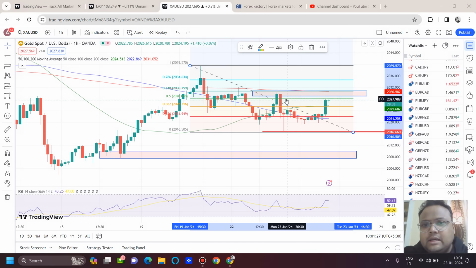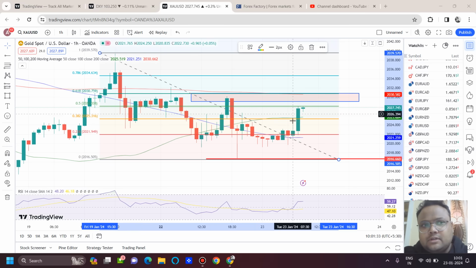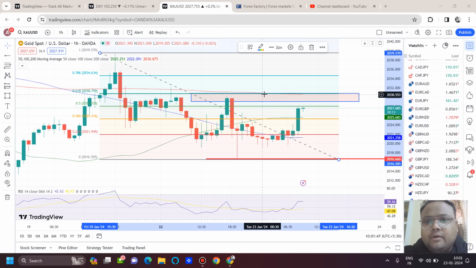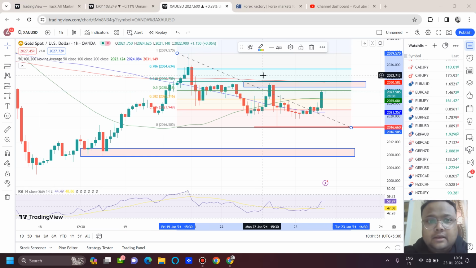You can already see the market is standing at the Fibo 50% retracement level, but just observe the size of the previous candle. The market is bullish, so as a result, taking a sell here can be a little bit risky. If you already have taken a sell, I'll say wait for some time. But personally, if I need to trade, then I will be going for a sell around this area and around this area of the market.